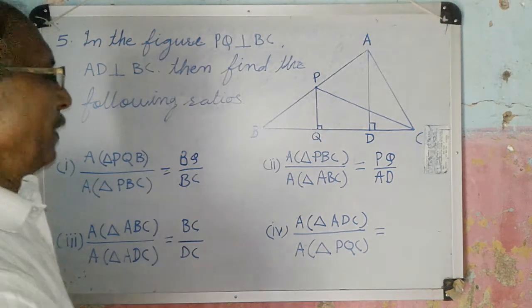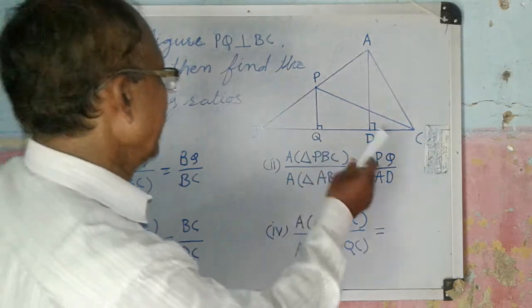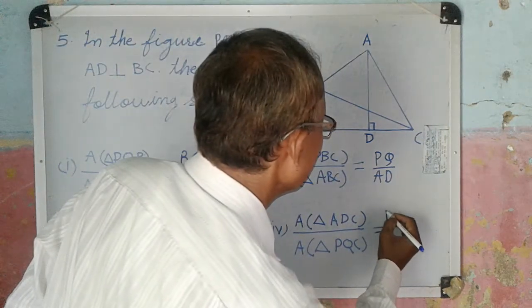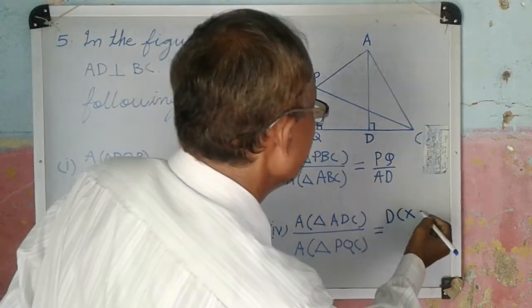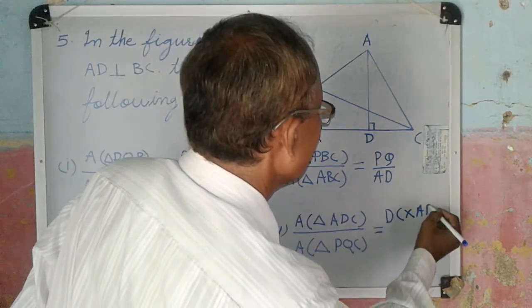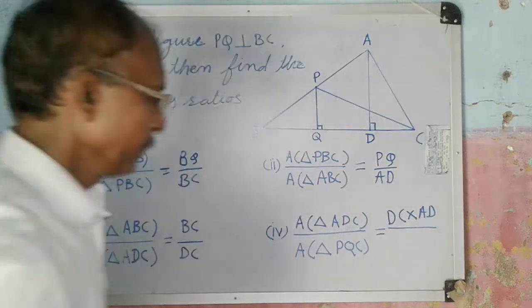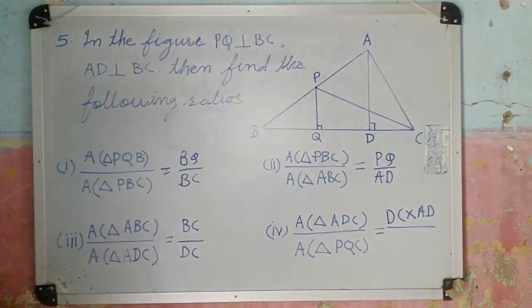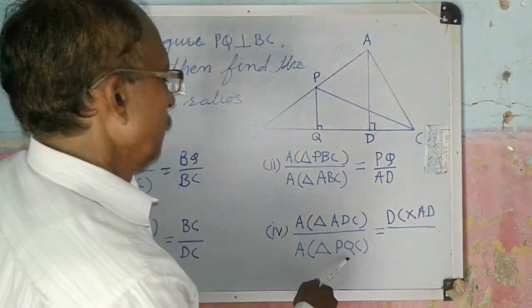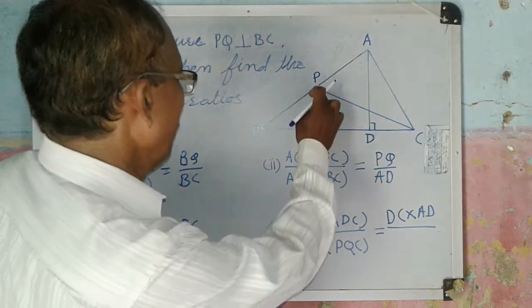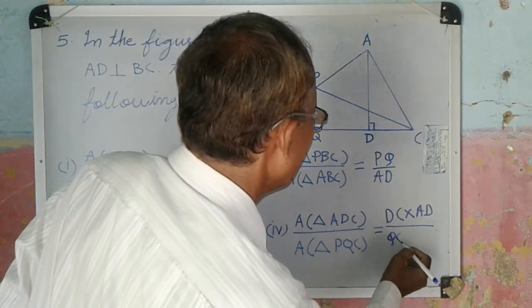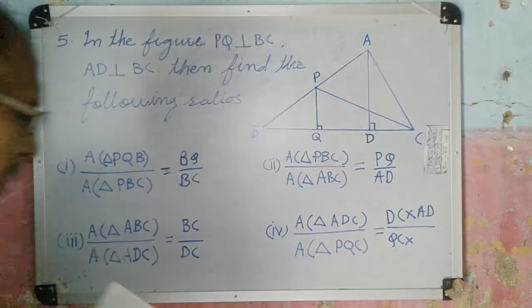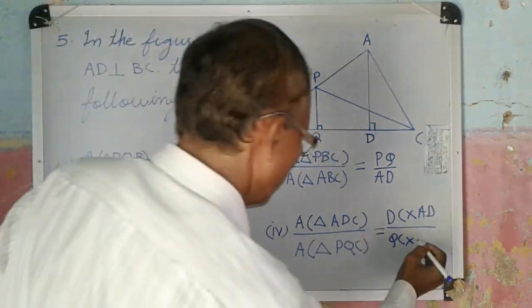So the base of triangle ADC is DC and height is AD, upon base of triangle PQC is QC and height is PQ.